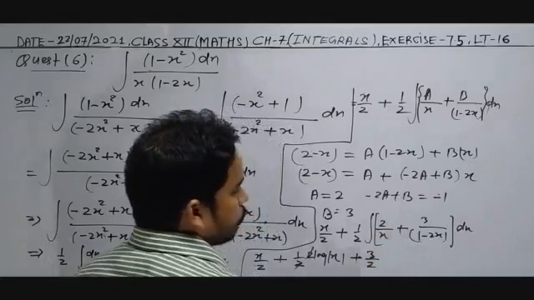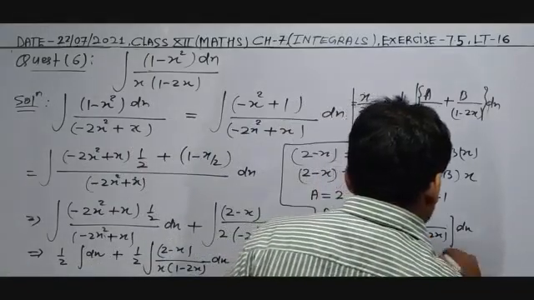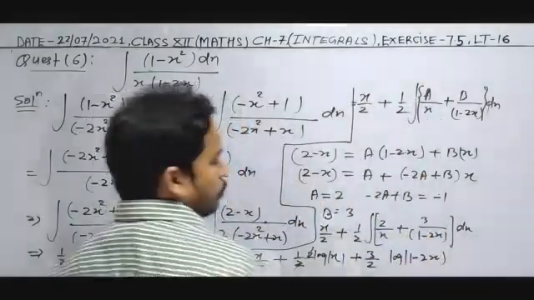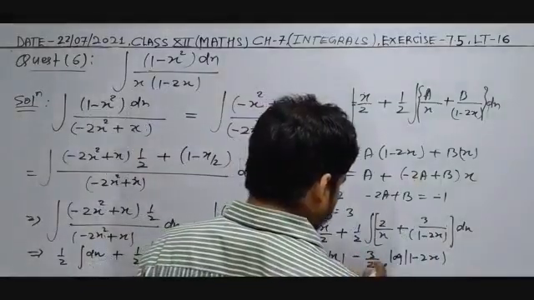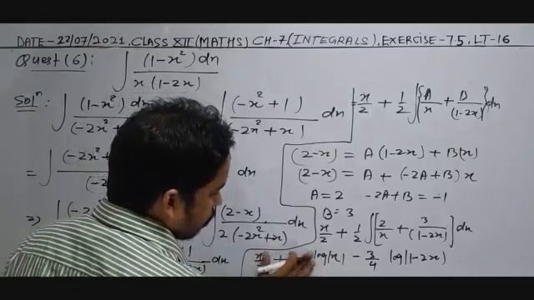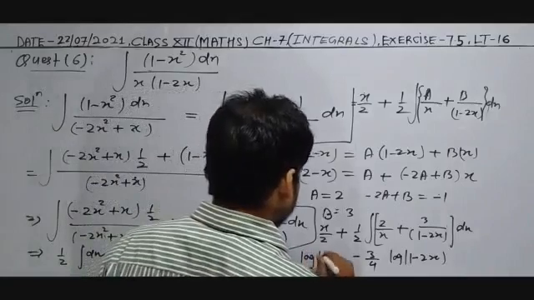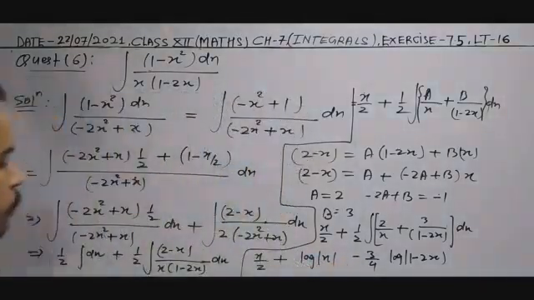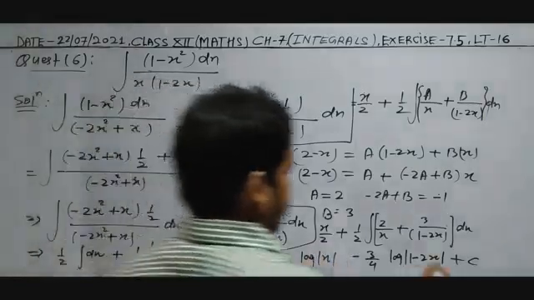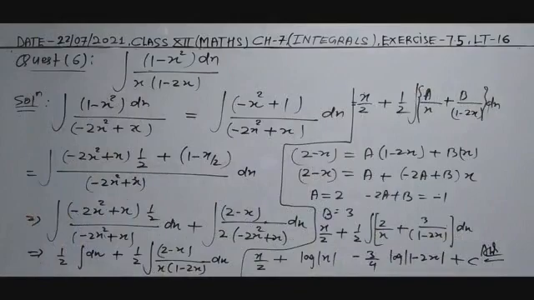So 3 by 2 log of mod of 1 minus 2x with a minus 1 by 2. So this calculation will be minus 1 by 4 and this calculation will be only log. So answer is x by 2 plus log of x minus 3 by 4 log of 1 minus 2x plus c is the answer. Now question number 6 is completed.